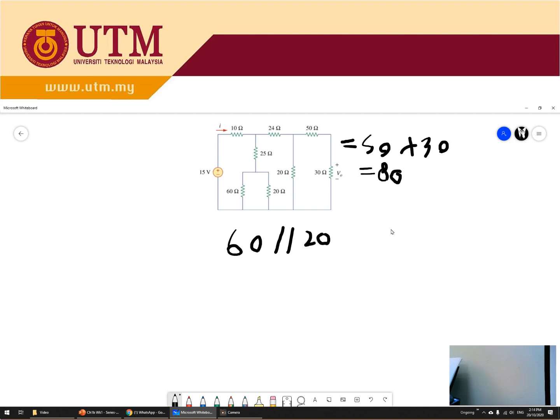That equals 1 divided by 60 plus 1 divided by 20.